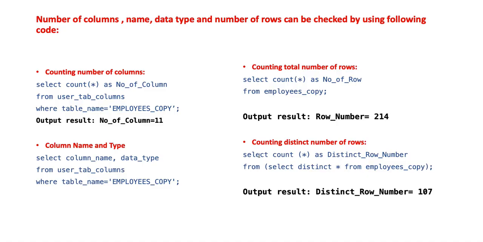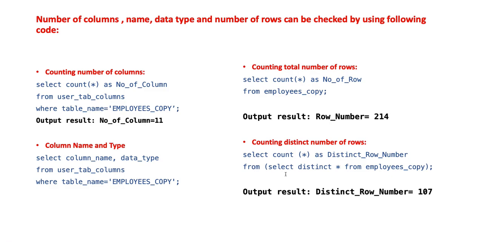In this code, we have used the count function as well as a subquery. The subquery is used with distinct, so that it gives only distinct rows. In this example, we use select count(*) as distinct_row_count from, where the subquery is select distinct * from employees_copy.